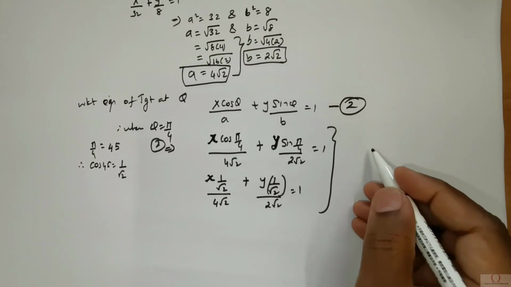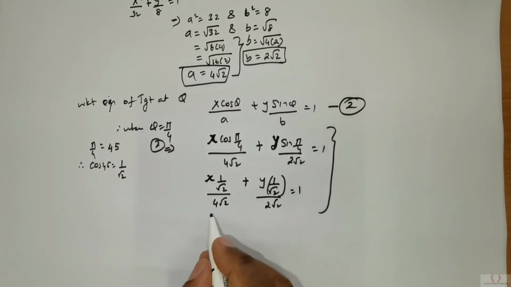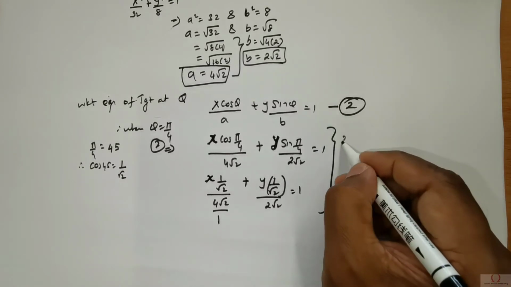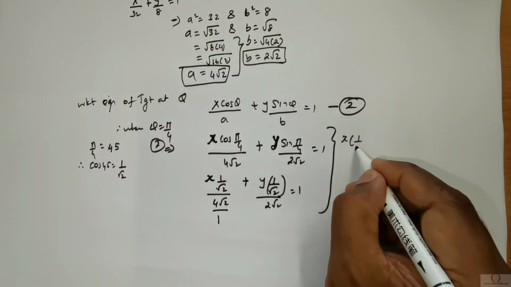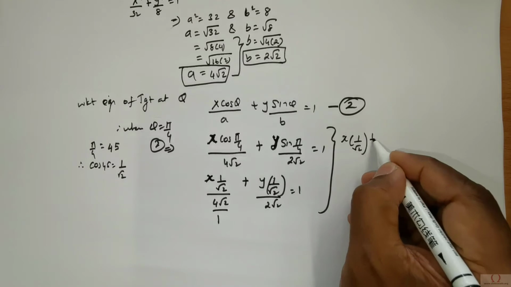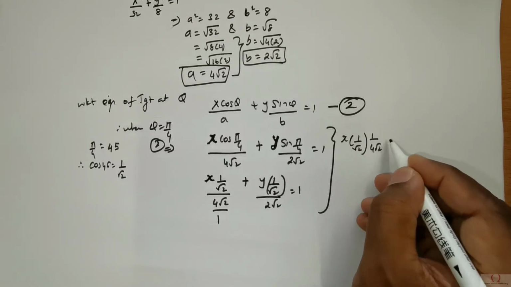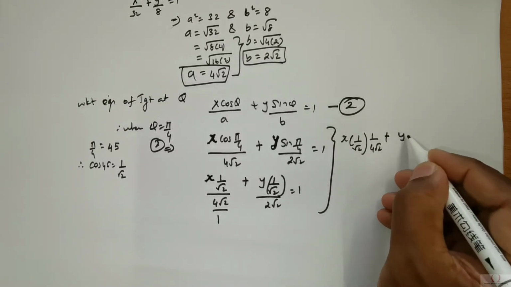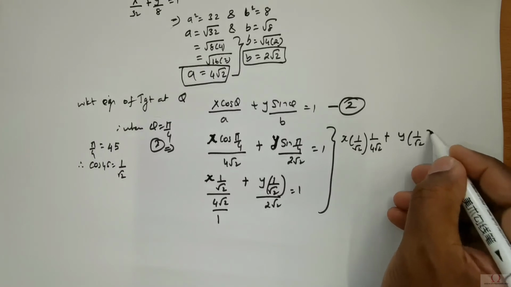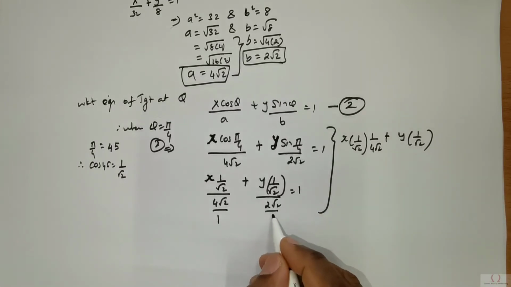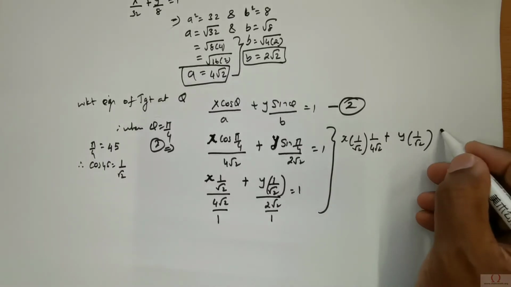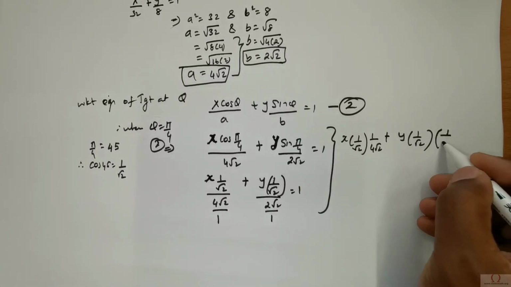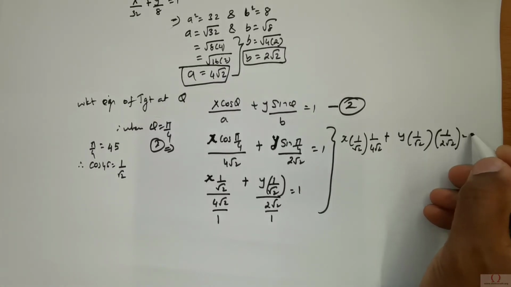When you flip it, you get x times 1 over root 2 times 1 over 4 root 2, + y times 1 over root 2 times 1 over 2 root 2, equal to 1.